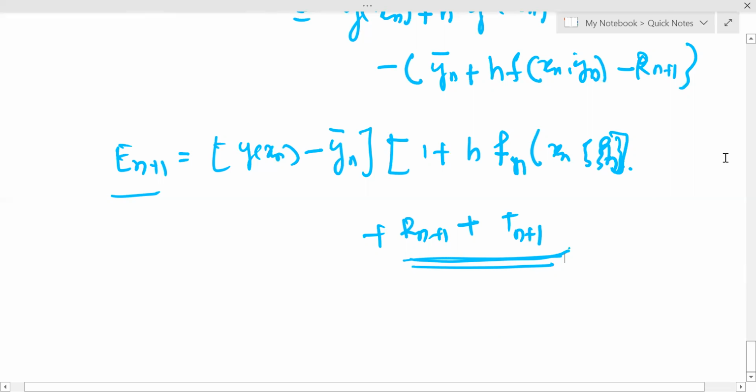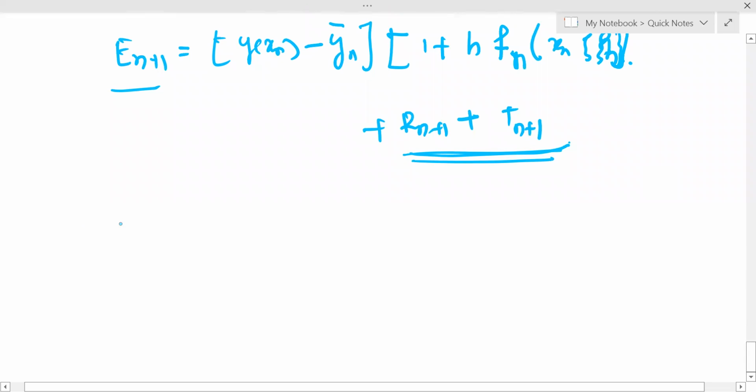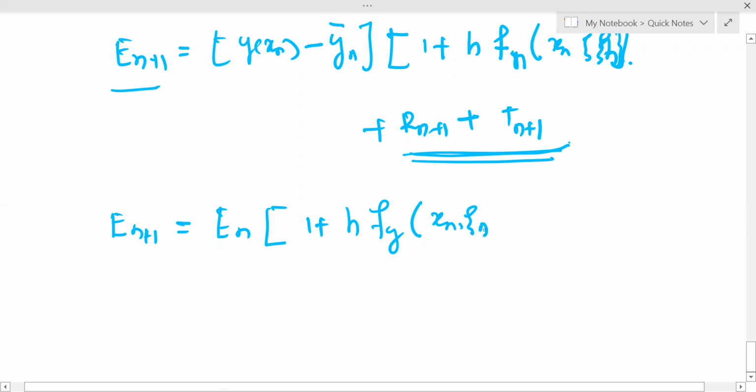And whenever this calculation is completed, we can write En plus 1 equal to En into 1 plus h into the partial derivative of f with respect to y at xn, xi n, plus Tn plus 1 plus Rn plus 1.